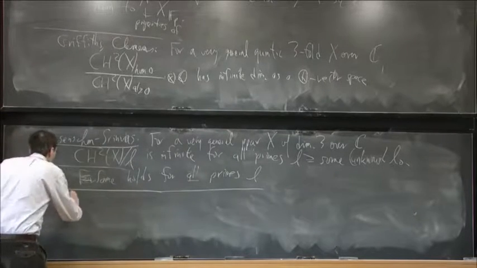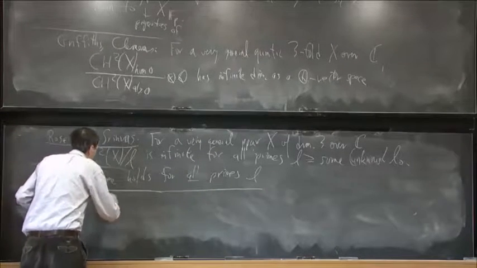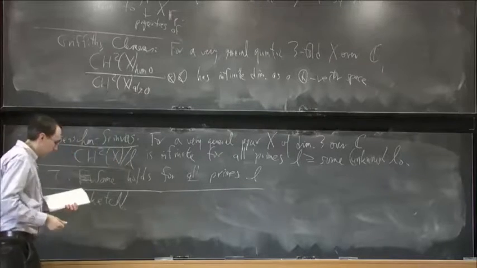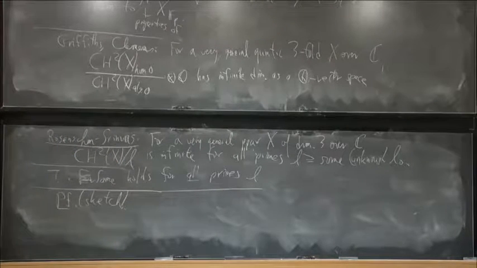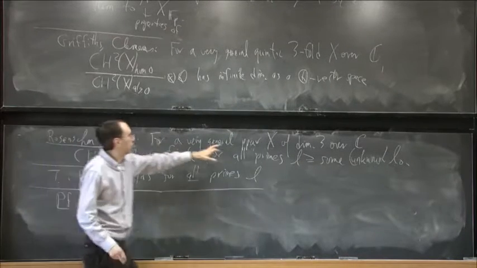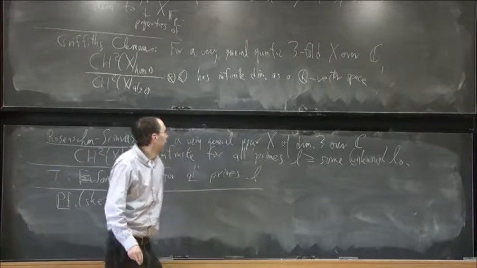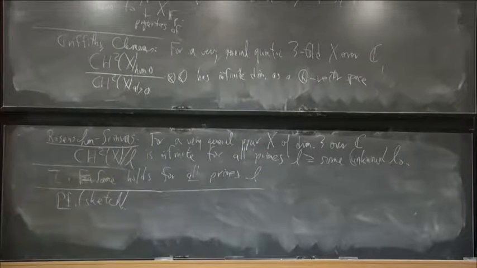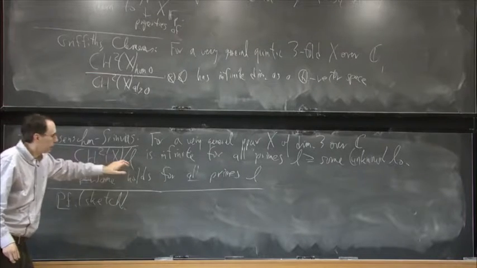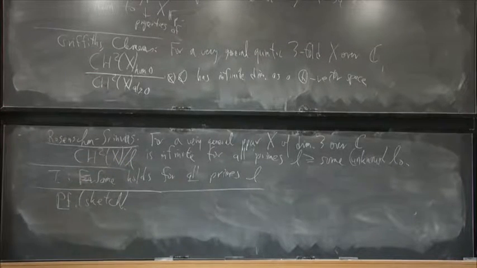So the sketch of the proof is going to be something like this. The main point is just to argue that for most principally polarized abelian varieties of dimension 3, the Terasa cycle is not zero. Well, I want to say mod L. I might have to weaken that a little bit.